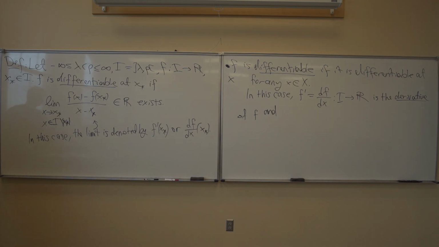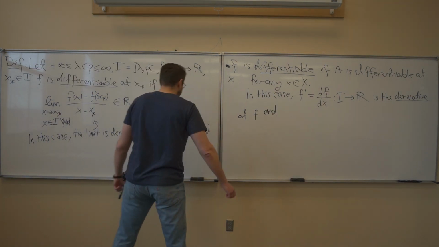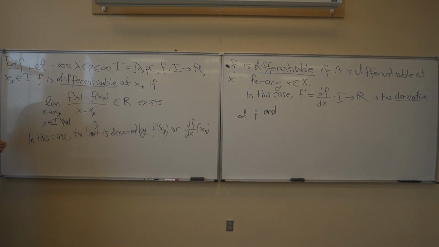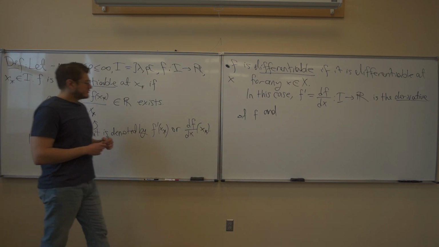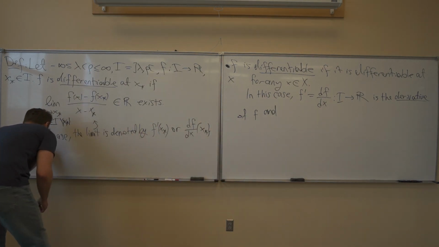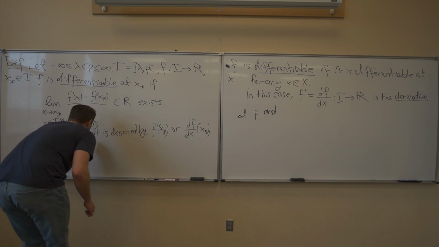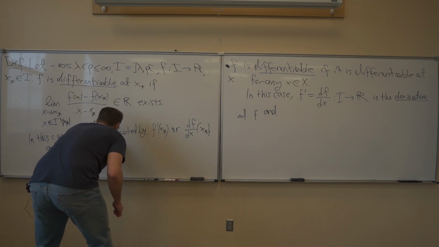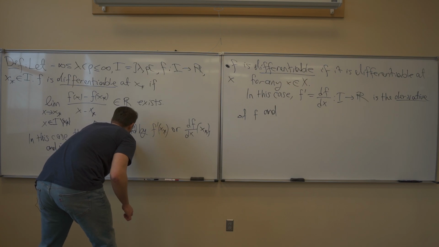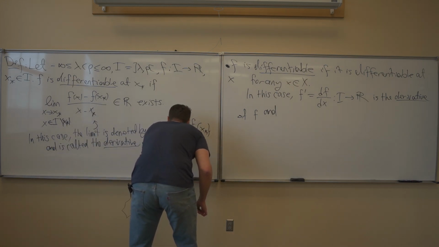And in this case, this limit is denoted by f prime of x star, or df by dx of x star. And this is common. And this is called the derivative of f at x star.